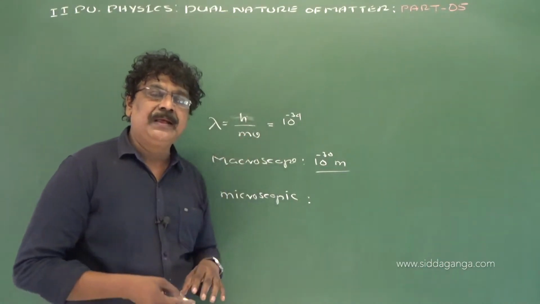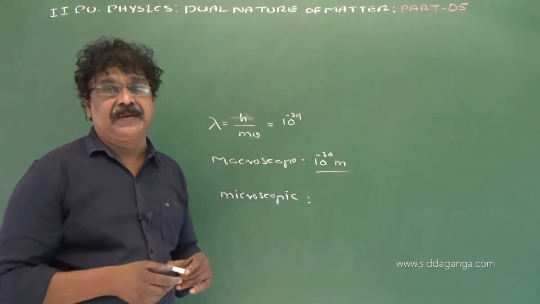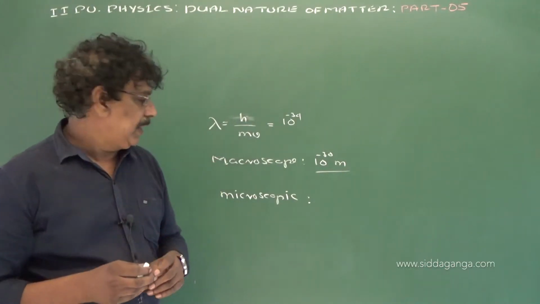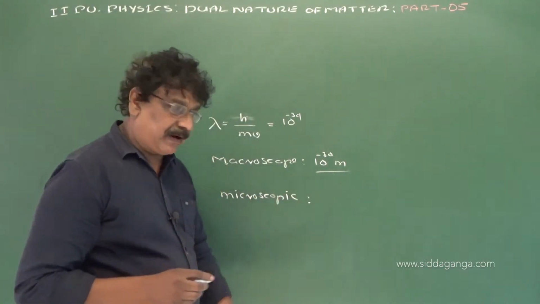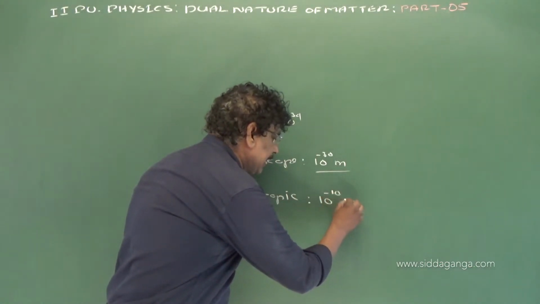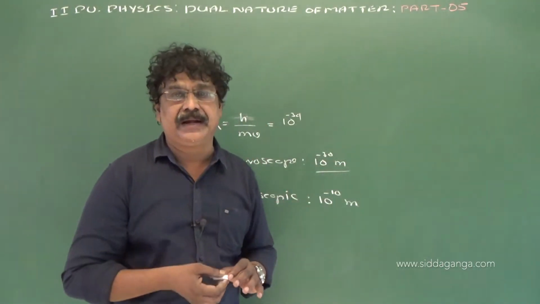At the same time, these microscopic particles are moving with very high speed of the order of 10 raised to the power of 6 meter per second. Therefore, for microscopic particles, the wavelength comes out to be of the order of 10 power minus 10 meter to 10 power minus 12 meter.